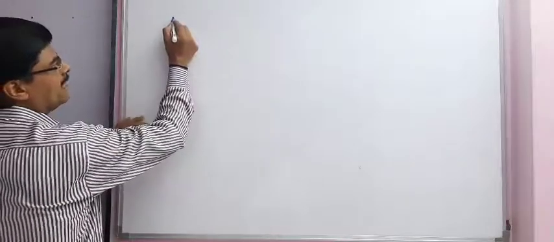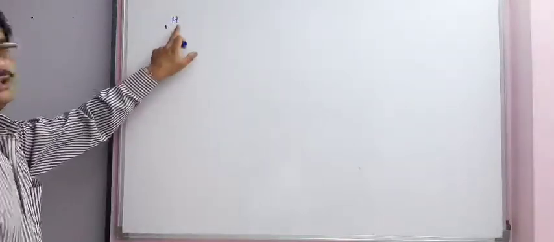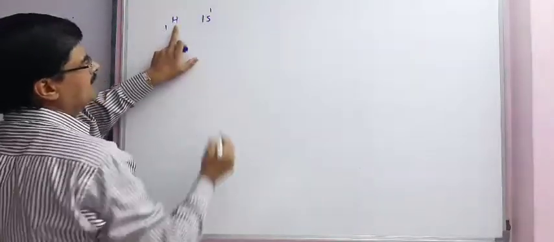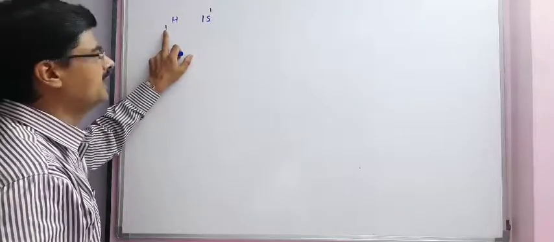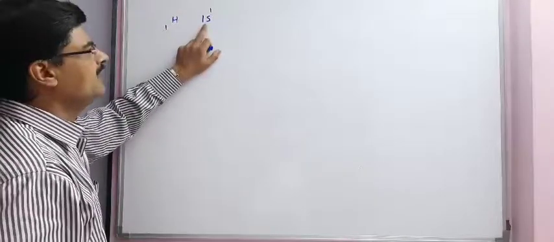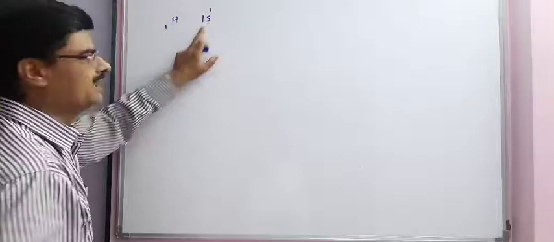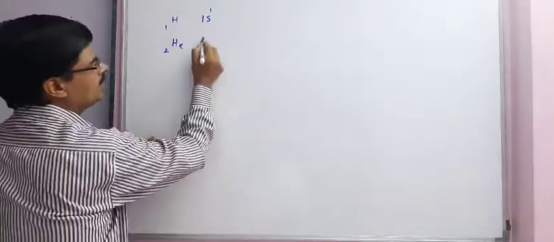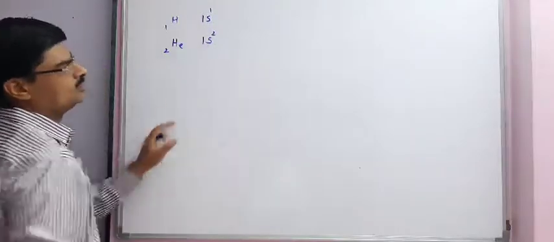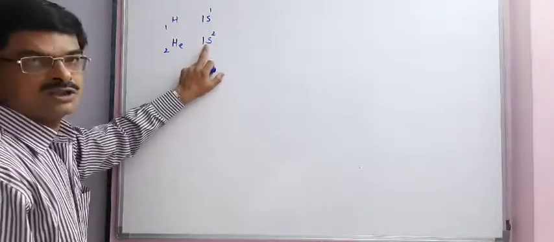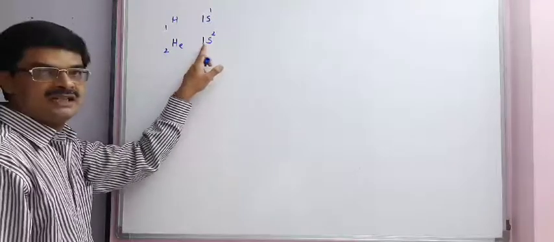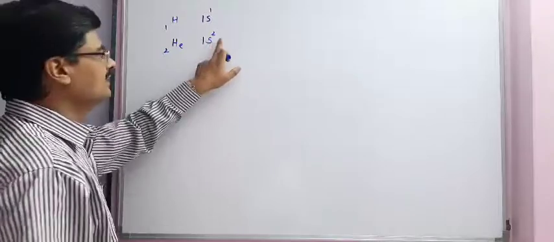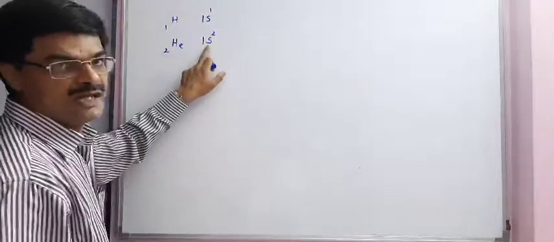First we write hydrogen. The electronic configuration of hydrogen is 1s1, because hydrogen has atomic number 1, so only one electron is filled in the 1s orbital. Now helium, 1s2, because 1s is the first orbital with minimum energy, and maximum 2 electrons can be accommodated in an s subcell.